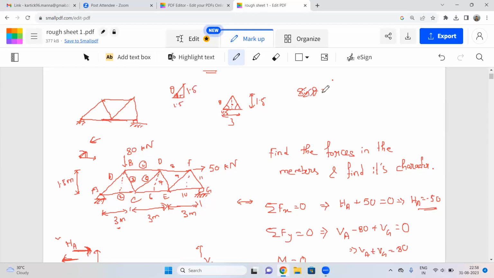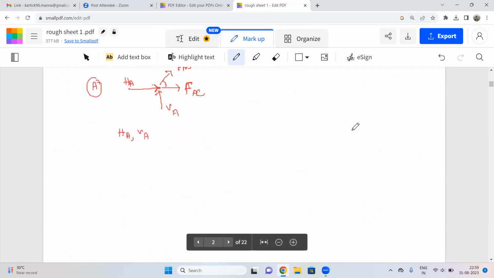Better if we do tan theta. Tan theta means height divided by base. Both are the same. That means your theta will be pi by 4, or 45 degrees, right?